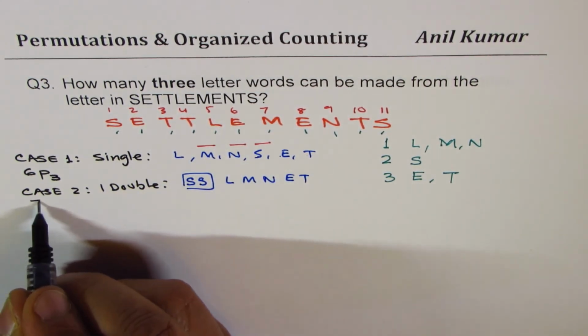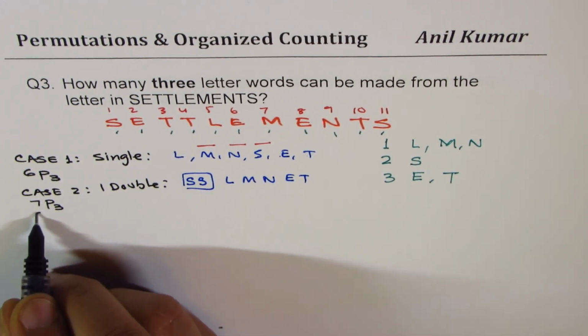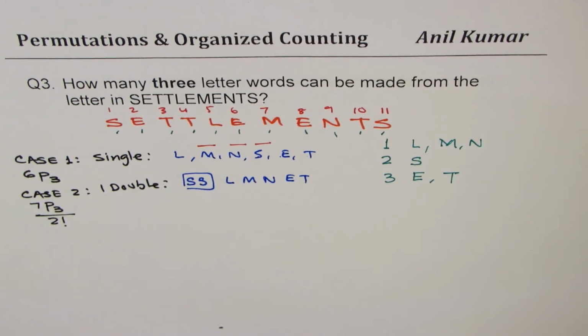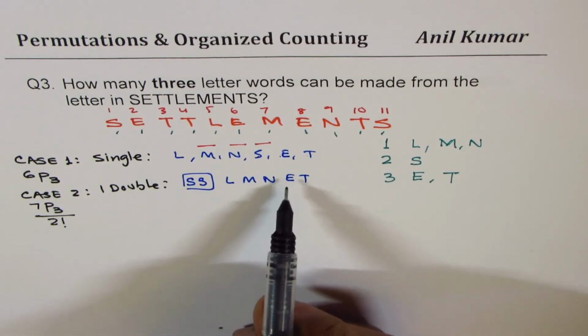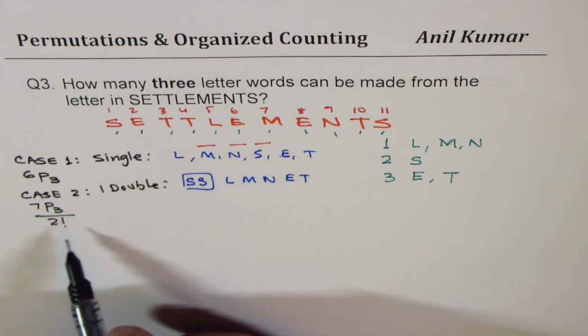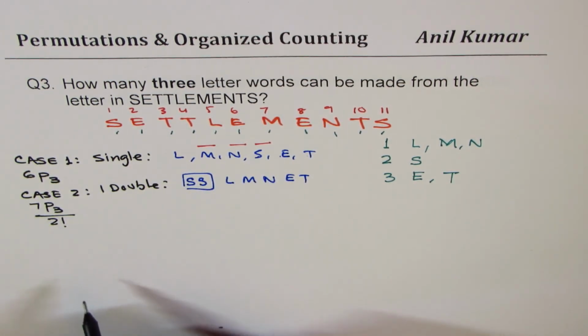So 7 fill 3 spaces, but we have one double, so divide by 2 factorial.